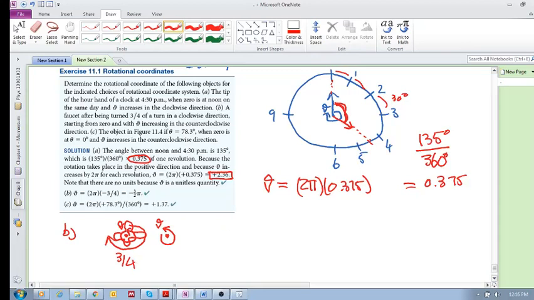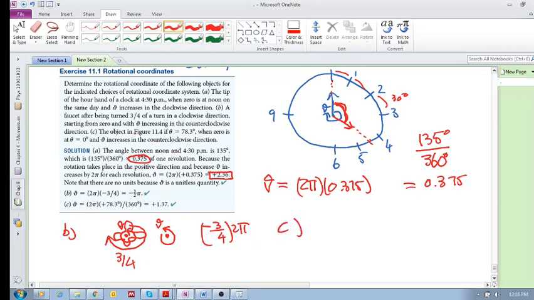So if positive is counterclockwise and it turns clockwise, then it turns -3/4 of a full revolution, and we multiply that by 2 pi to get it into its rotational coordinate. So its rotational coordinate then is -3/2 pi.